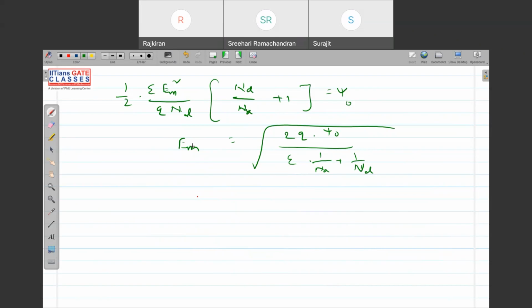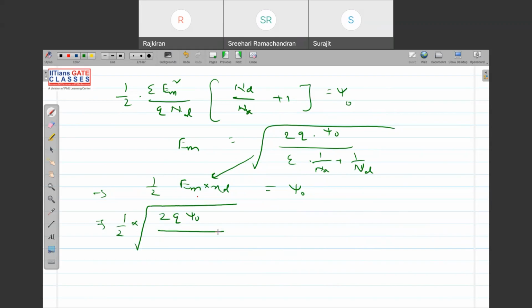Now I'll put this in the equation. I know half the maximum electric field into xd is equal to psi 0. If I put Em here, I'll get xd. So half into root of 2q psi 0 by epsilon, times (1 by Na plus 1 by Nd), into xd equals psi 0.